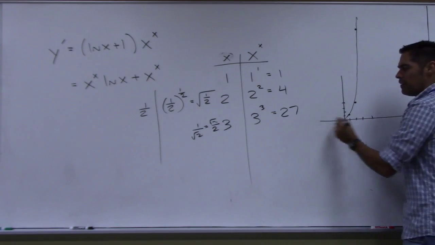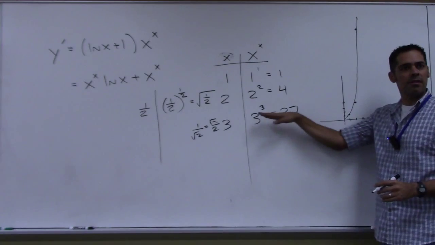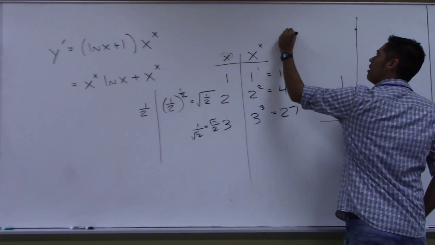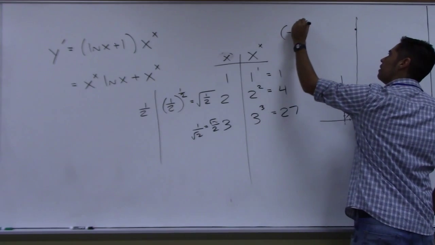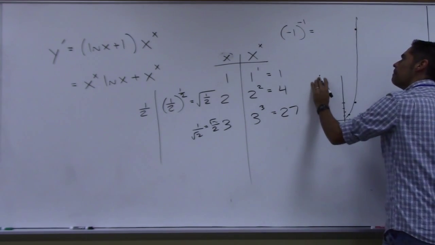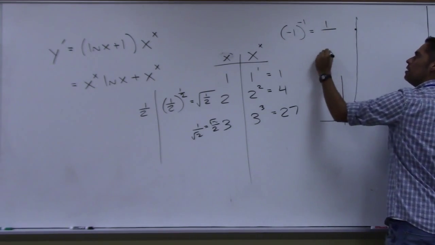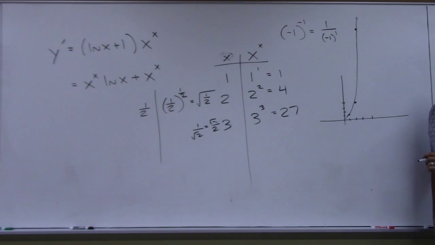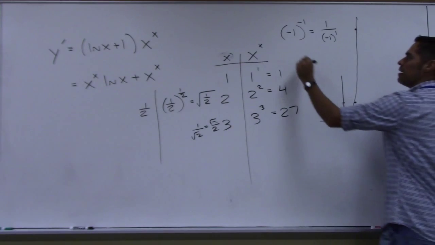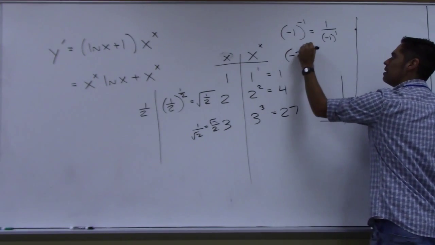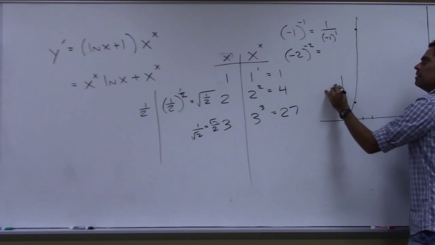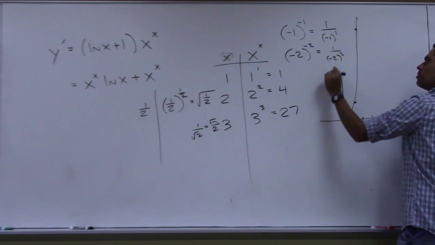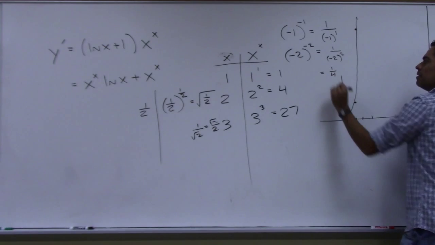So it's acting a whole lot like maybe an exponential function. But remember, exponential functions tapered off and went this way. Can you do a negative number? What's negative 1 to the negative 1? It's 1 over negative 1 to the positive 1, which would be negative 1, so that would work. Negative 2 to the negative 2 would be 1 over negative 2 to the 2, which would be 1/4.